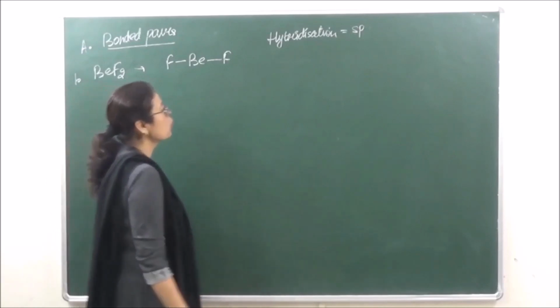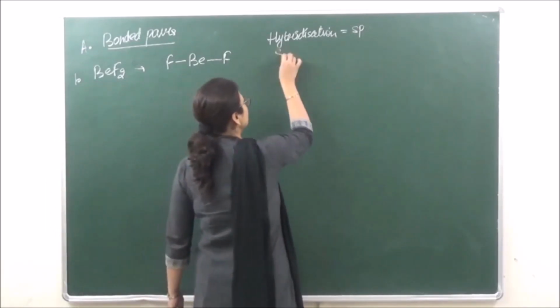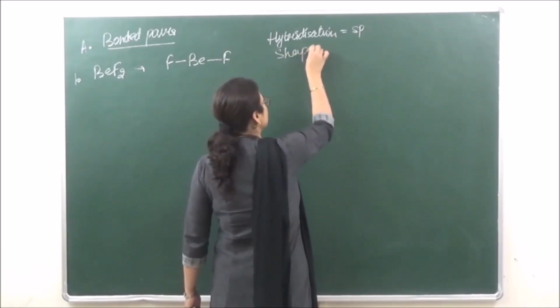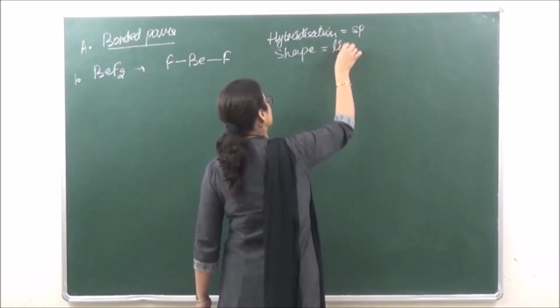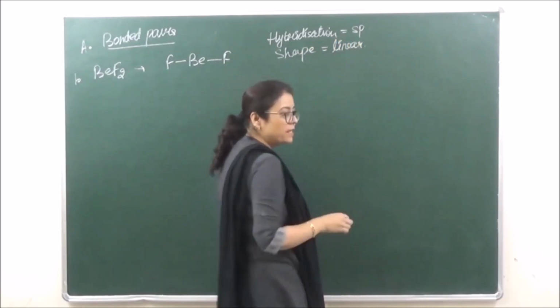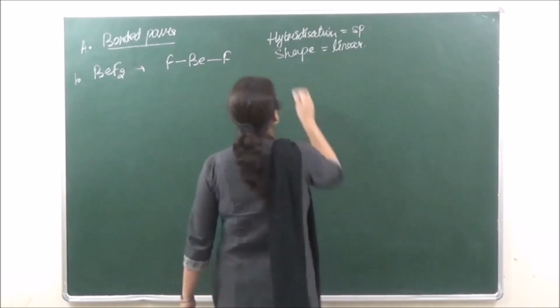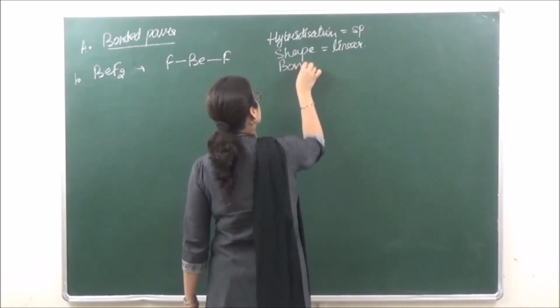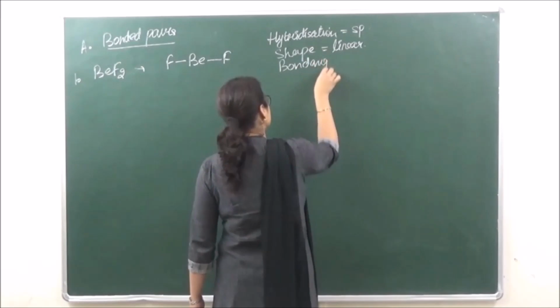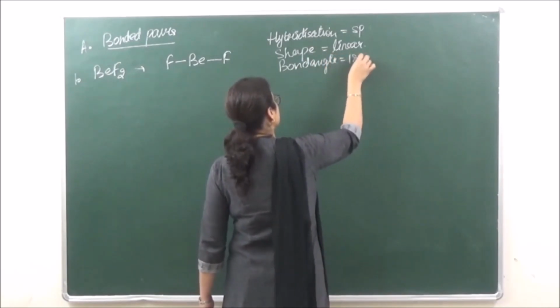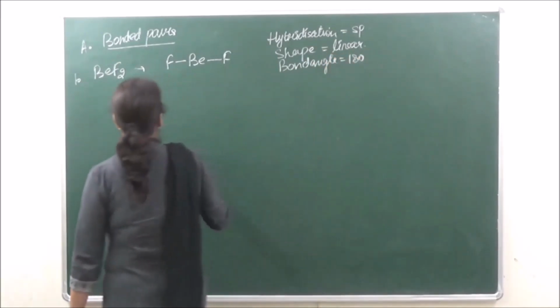The shape or geometry is going to be linear, and the bond angle is going to be 180 degrees.